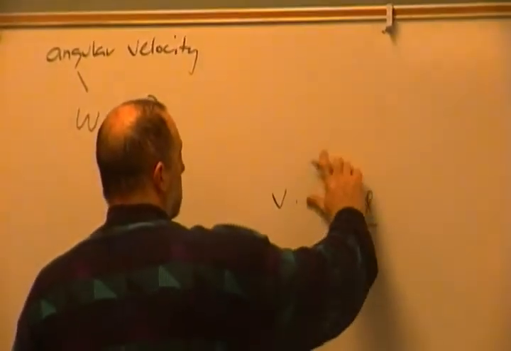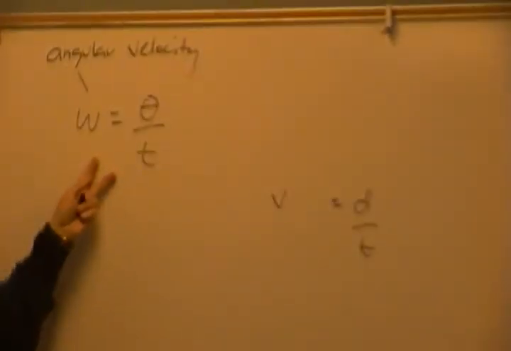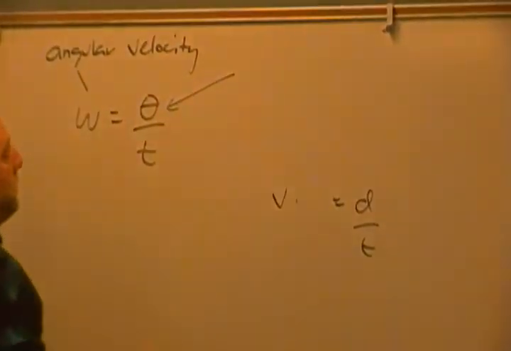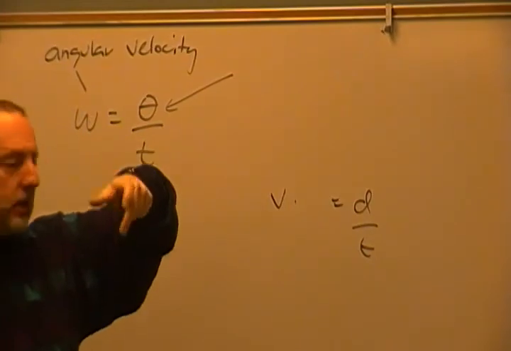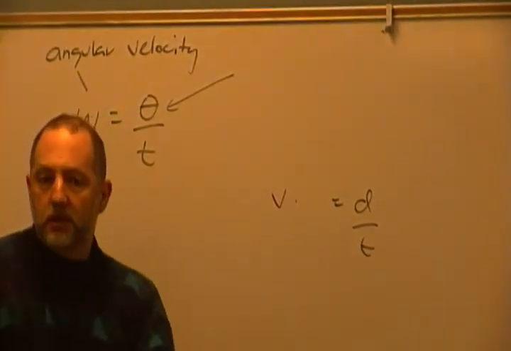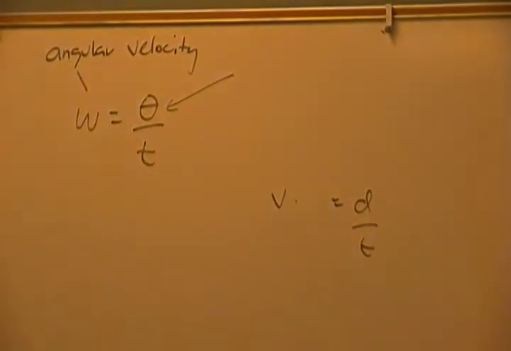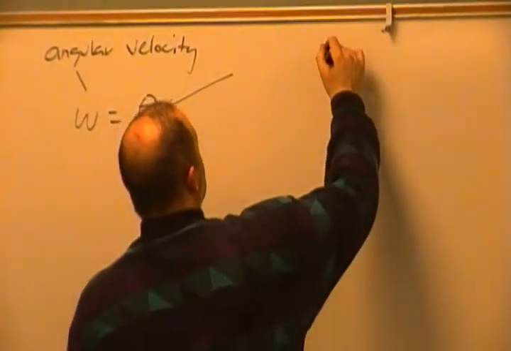I get velocity. This is analogous to the angular velocity formula. This is how many radians I'm turning in the amount of time. That gives us angular velocity. Now take a look at the second definition. It's at the bottom of the next page. It's linear velocity.